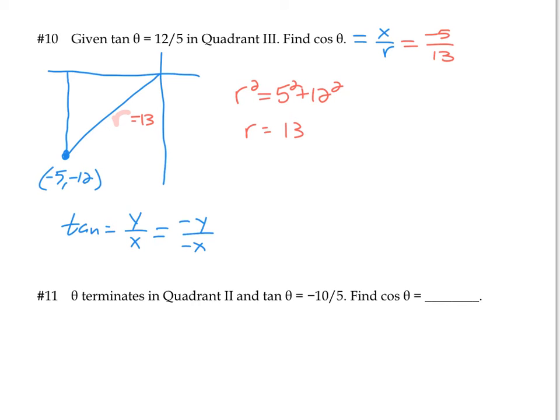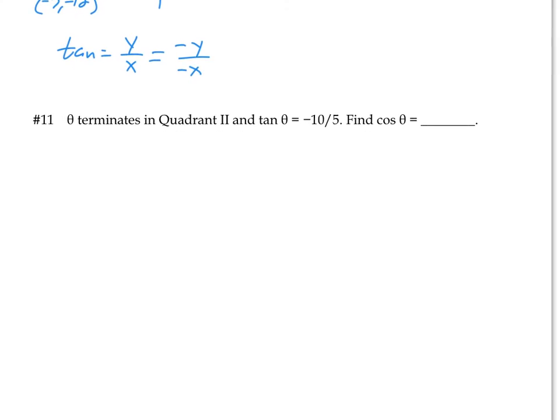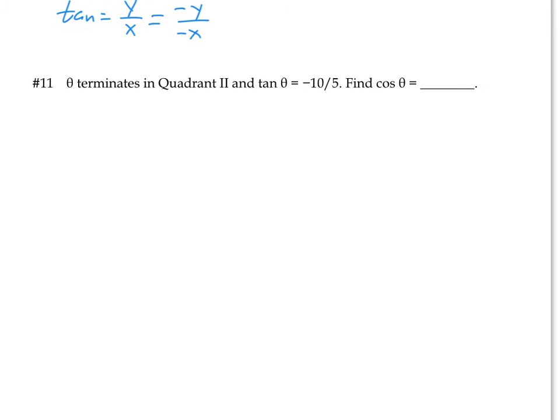All right, and then for the last problem here, number 11, it says theta terminates in quadrant 2. So if we just want to get an idea where it'll be, quadrant 2. Tangent is negative 10 over 5. Again, that's y over x.